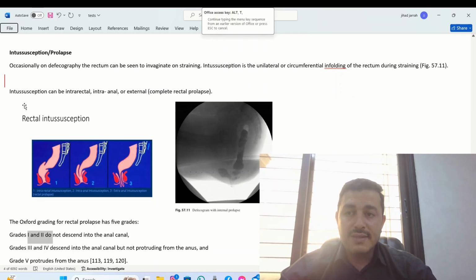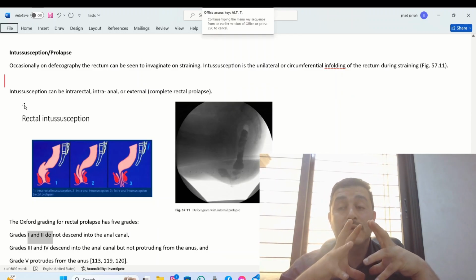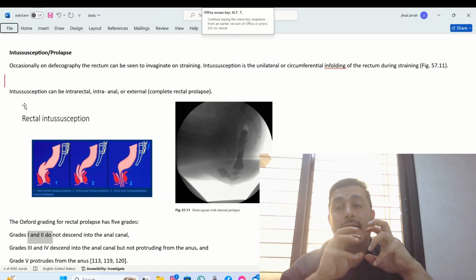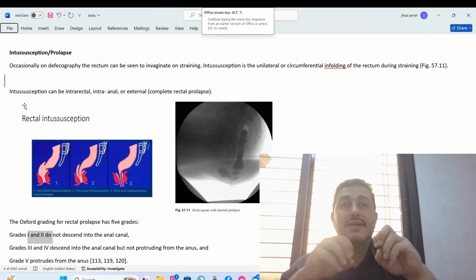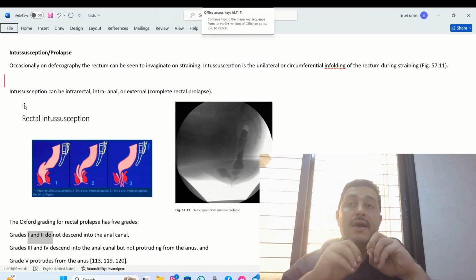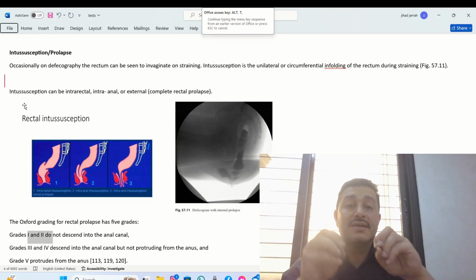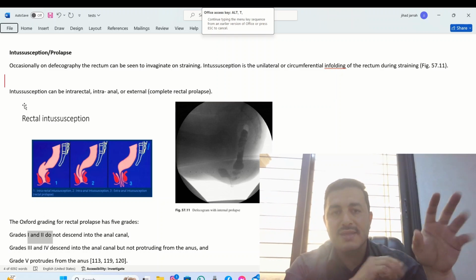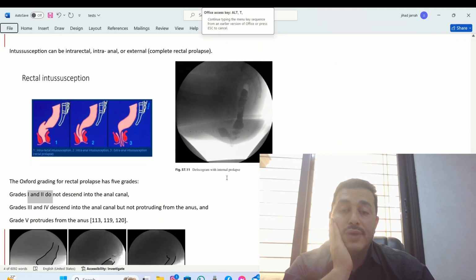Okay, intussusception and prolapse. What I want to draw your attention to here is that a new study found that in rectal intussusception and rectal prolapse, the predominant symptom is fecal incontinence, not constipation-related symptoms. As you see here, the intussusception can be intrarectal, intraanal, or extraanal.